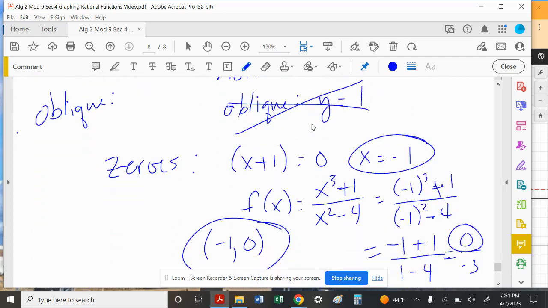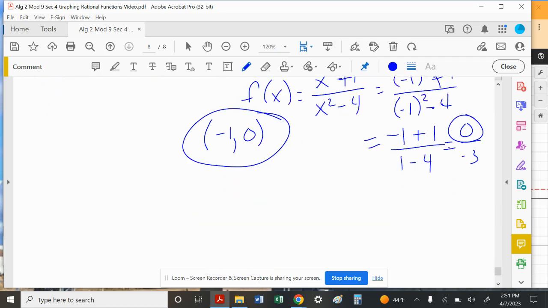So we have to divide x squared minus 4 into, so I made a mistake here, into x cubed plus 0x squared. Here we go. We're going to do this down here. So we have x squared minus 4 divided into x cubed plus 0x squared plus 0x plus 1.